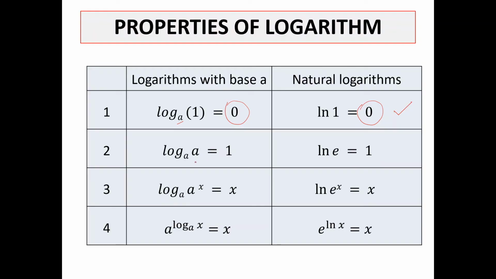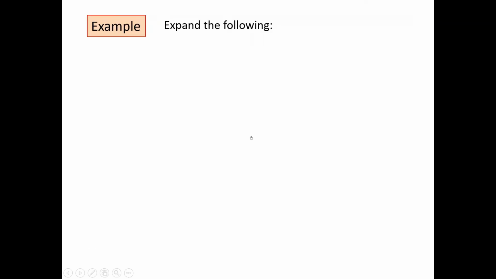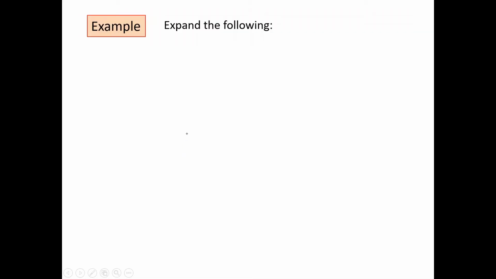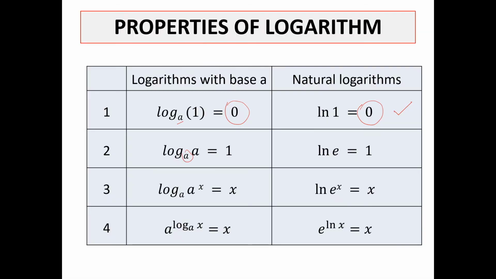Property number 2 is if we have these two, a and a is equal, then the value will be 1. So log a base a will become 1. Log e also equal to 1.